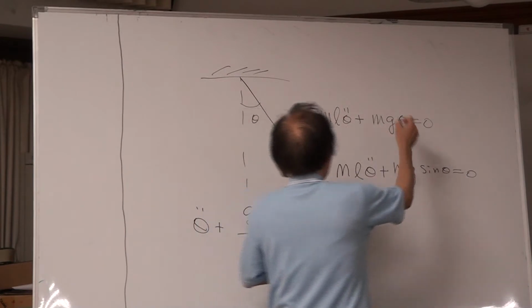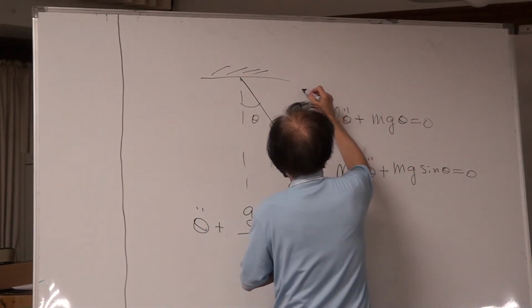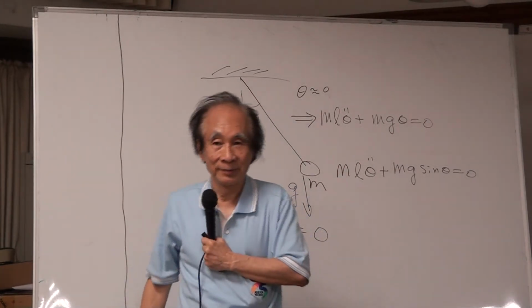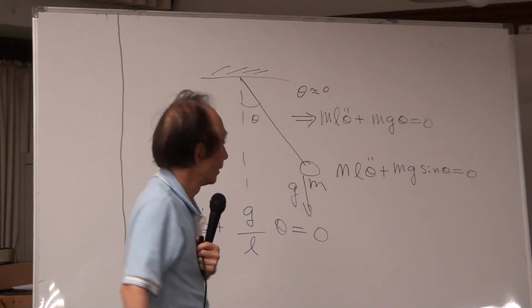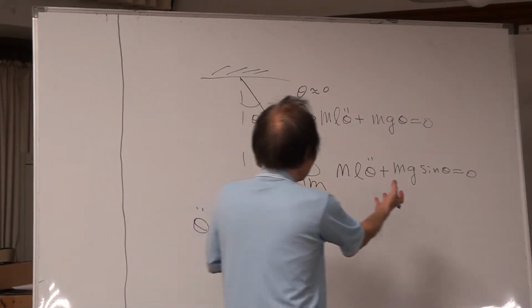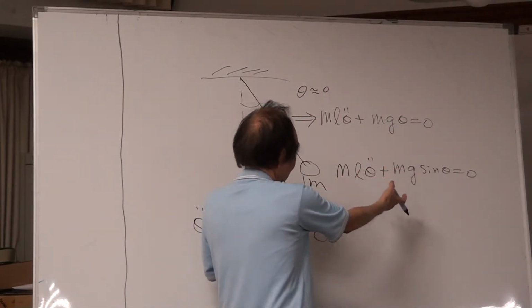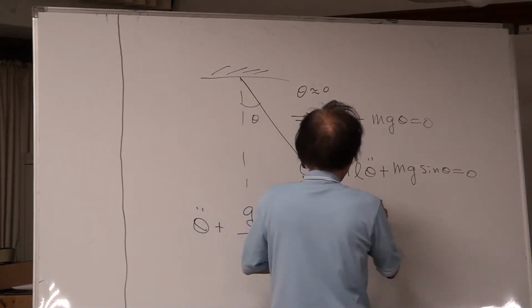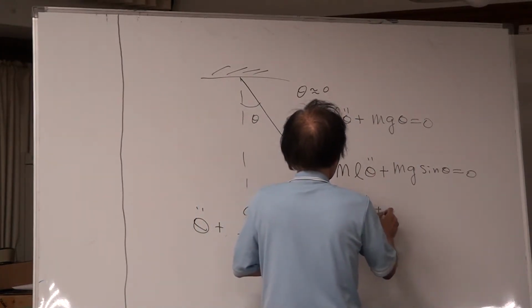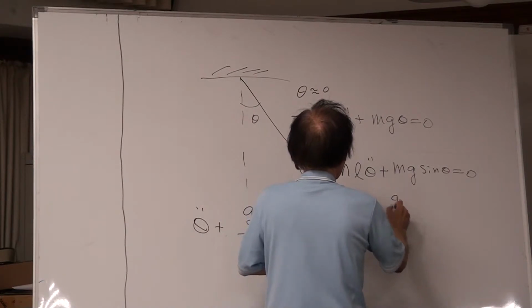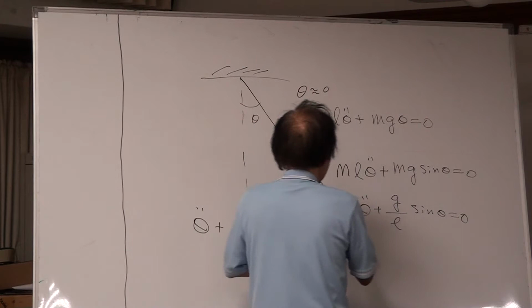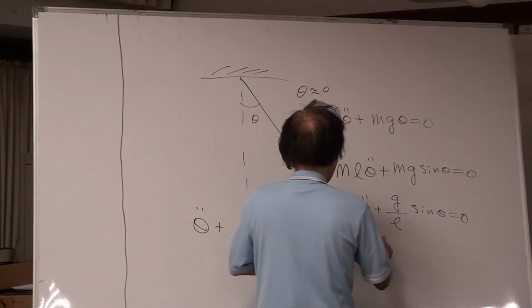But when theta is small, sine theta approaches theta, right? Just look at this simple problem. This simple problem gives you this, and this is a nonlinear model.